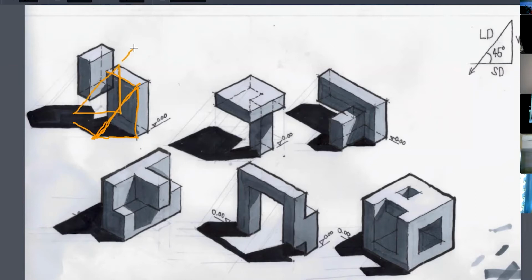That meron tayong sun direction, right? The sun is coming down. You have your vertical line, and you have your shadow direction. So the shadow direction here, which is this edge, is actually covering this white thing that you have here.